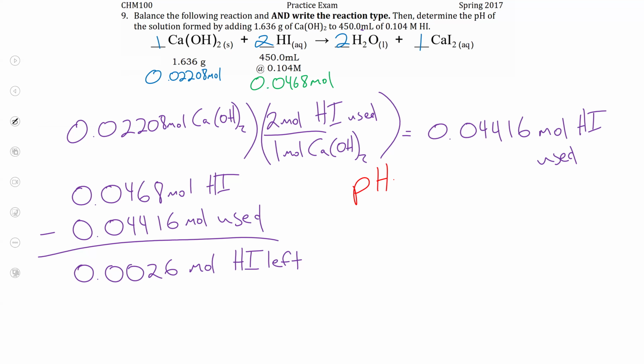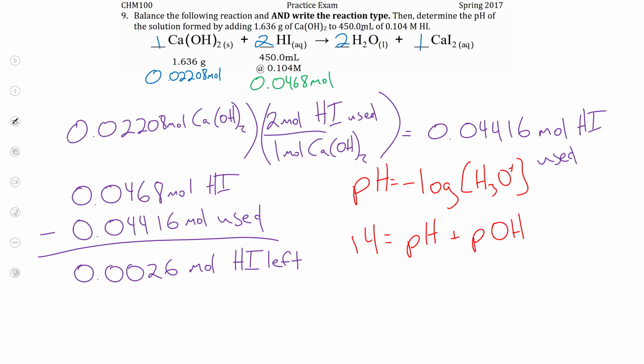We can either say pH is equal to negative log of H3O plus concentration, or we can say 14 equals pH plus pOH. When do we use the bottom one? Say it louder. Right now?